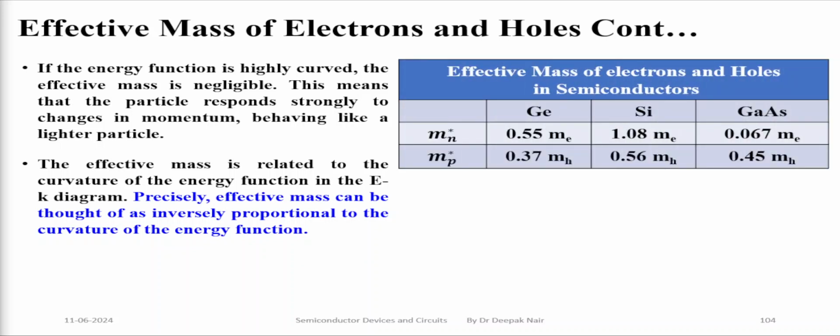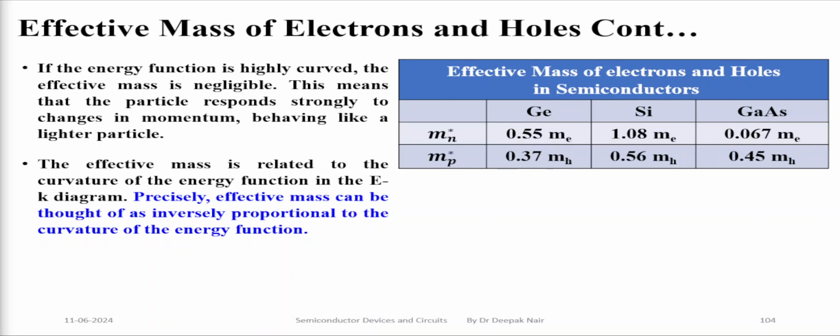So let us briefly talk about some of the values related to the effective mass of electrons and holes. In the case of germanium, the effective mass of the electron is 0.55 times the actual mass of the electron, whereas the effective mass of the hole is 0.37 times the mass of the hole.